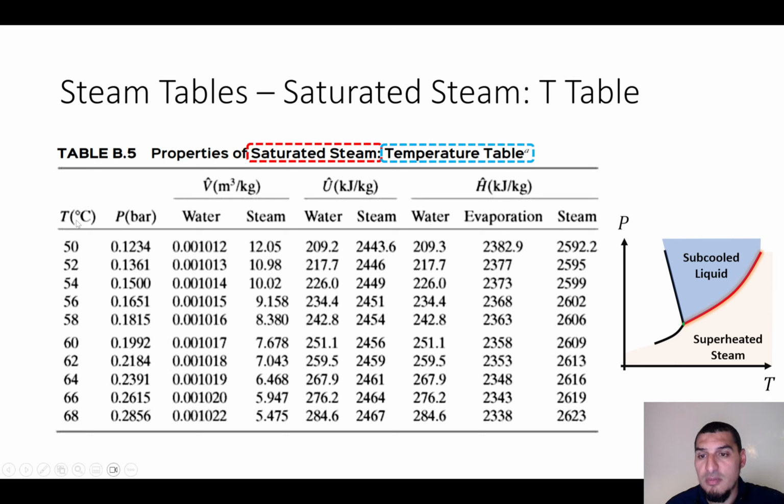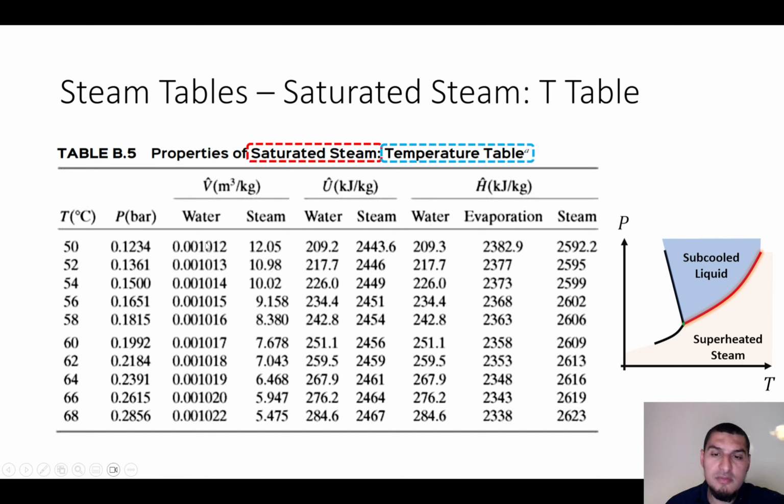So you have the temperature, and for each temperature you have the corresponding saturation pressure. And here we have three properties. We have the specific volume, which is the inverse of the density. We have the specific internal energy and the specific enthalpy. For the specific volume, for each one of them, we have two values, one for saturated liquid, one for saturated vapor.